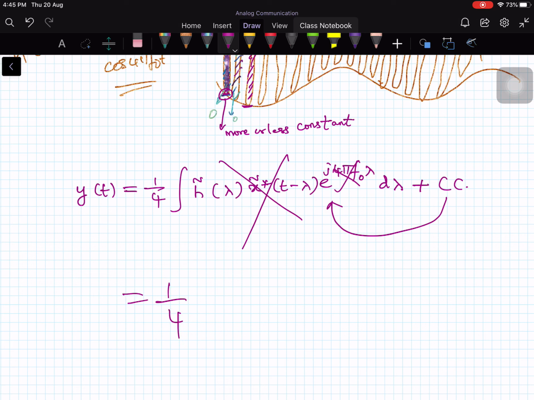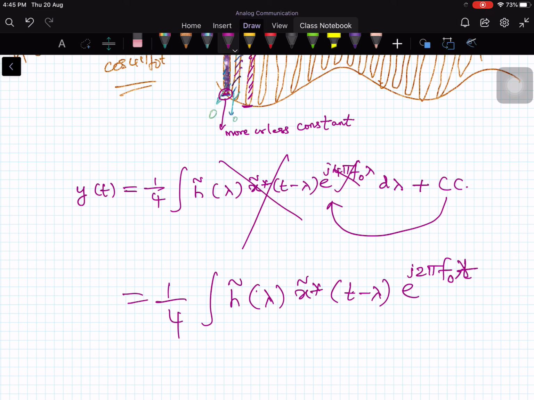1/4 h tilde of lambda x conjugate tilde of t minus lambda. This is e to the j 2 pi f naught t, not lambda, times d lambda.